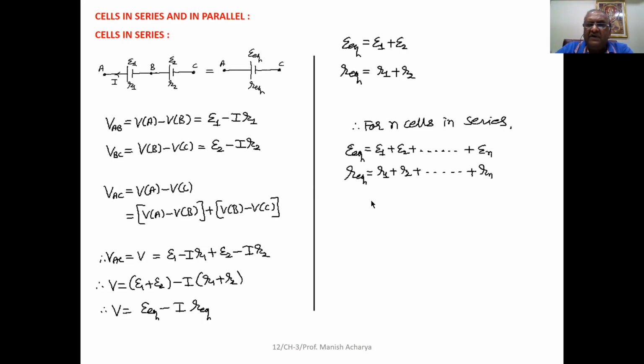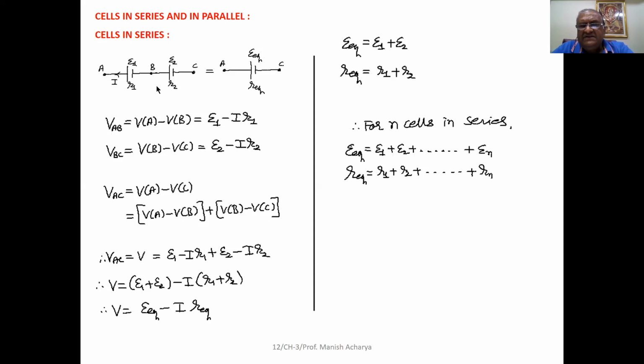So if n cells are connected in series, then we can write the equivalent EMF of the series combination of the cells as E1 plus E2 plus E3 up to En, and R equivalent, meaning the resultant internal resistance offered by this combination to the circuit, is R1 plus R2 plus R3 up to Rn. Clear up to this one?